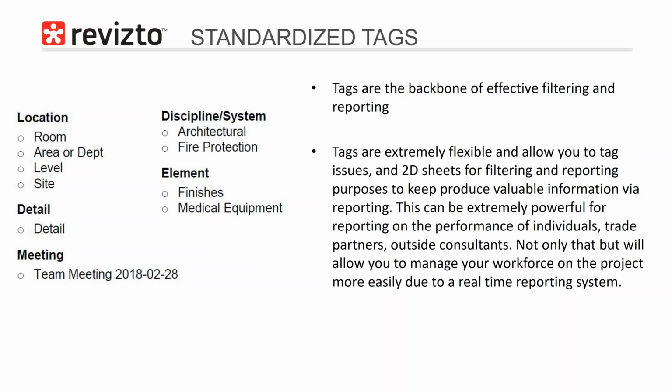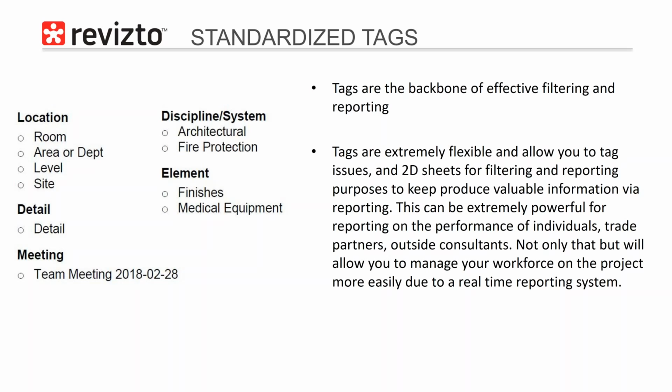This plays a huge role in your ability to effectively filter inside of the software. Whenever you're in the software, if you're part of the mechanical MEP team, you're not going to want to see all the issues that relate to the architectural team. You're not going to want to see all the issues that relate to the guys laying cable tray.